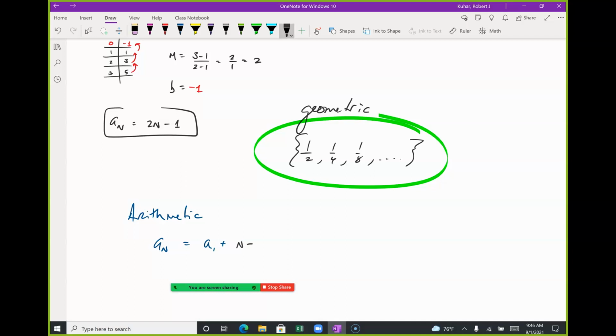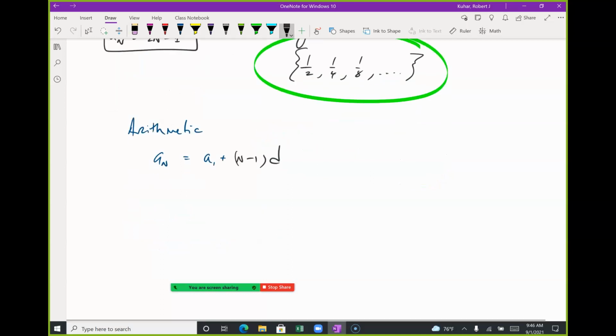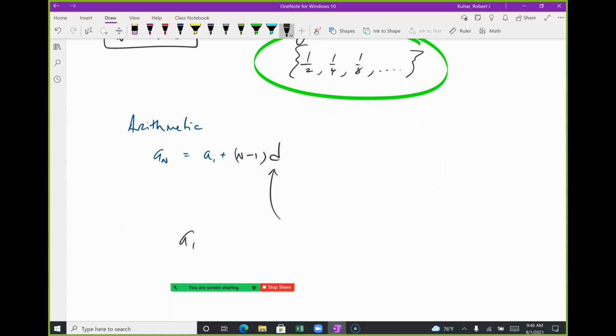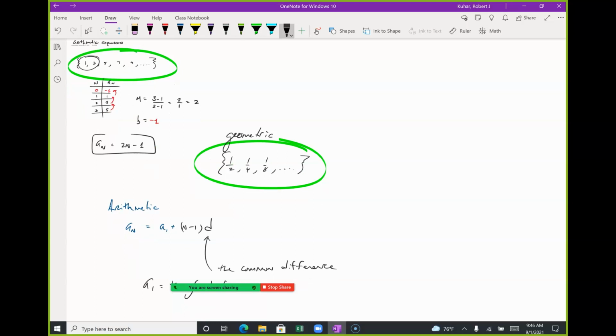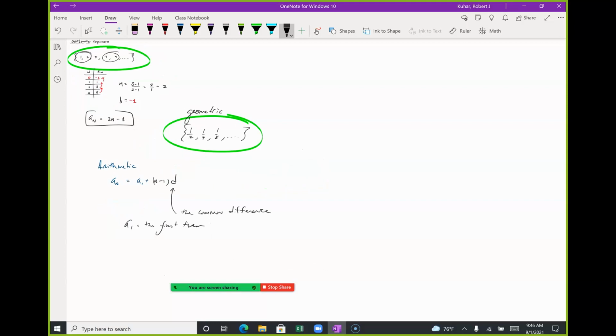It's n minus 1 times d, right? Where a sub 1 is the first term, d is the common difference. Right, so if I took any two terms, 3 minus 1 is 2. 9 minus 7 is 2. So the common difference of consecutive terms is that value of d.